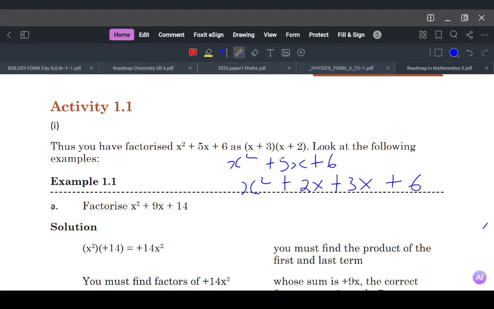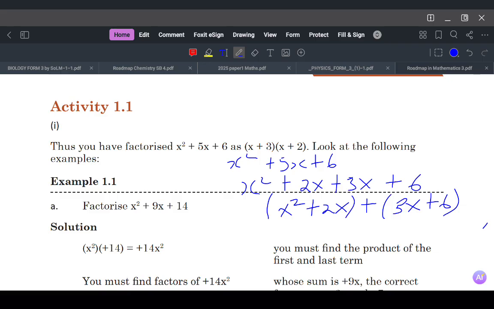Remember that 2x and 3x will give us the middle term. Then you group these into two. So you open brackets, x squared plus 2x and close brackets. Again you open another pair of brackets, 3x plus 6.